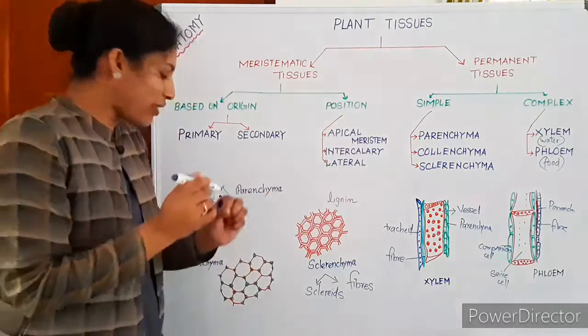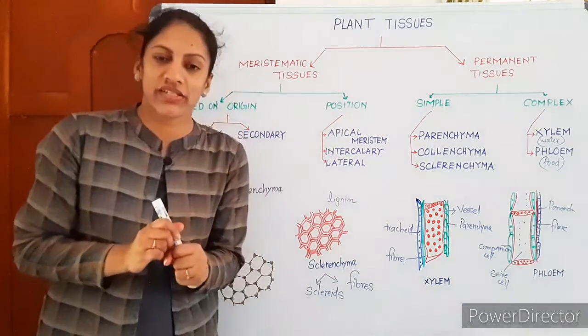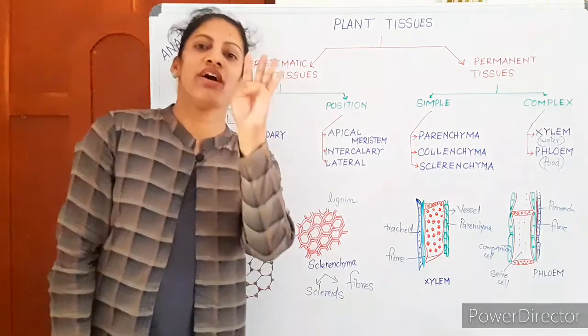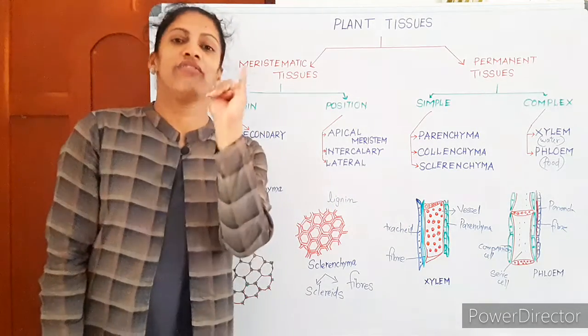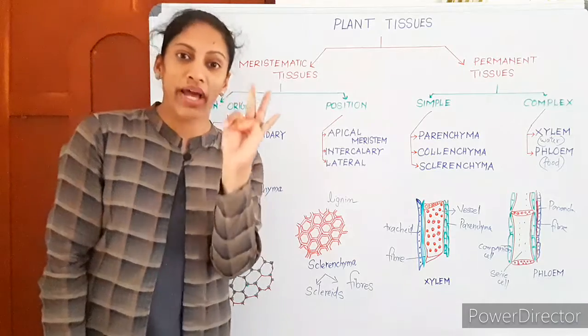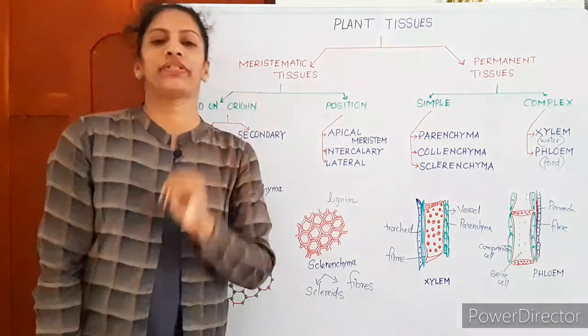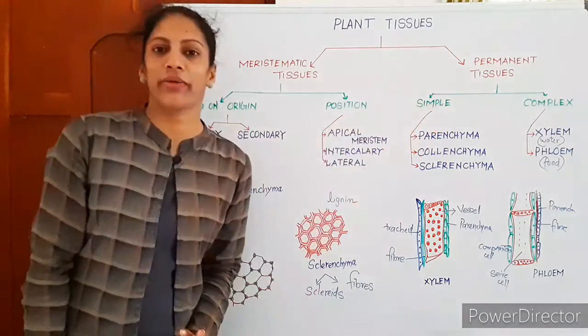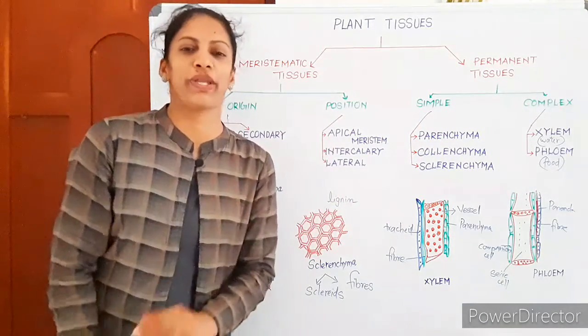Just understand why phloem is a complex tissue: it is made up of 4 types of cells. Phloem sieve cells, phloem parenchyma, companion cells and phloem fibers. Since 4 types of cells take part in the formation of phloem, it is a complex tissue.